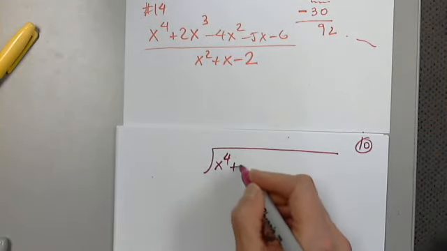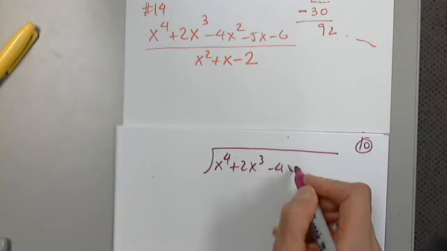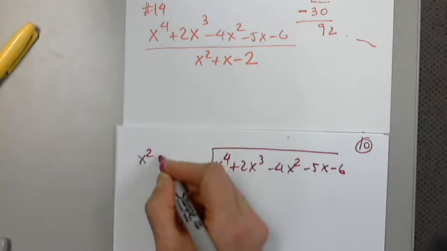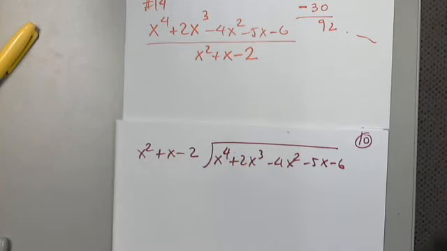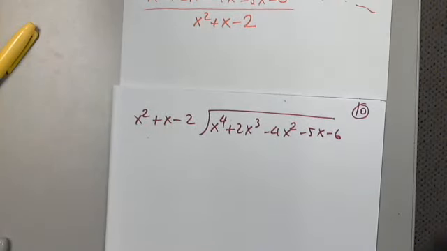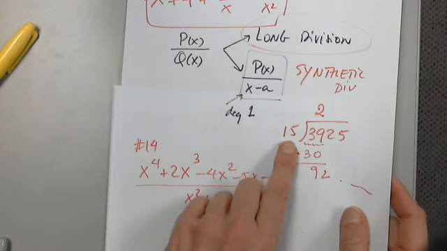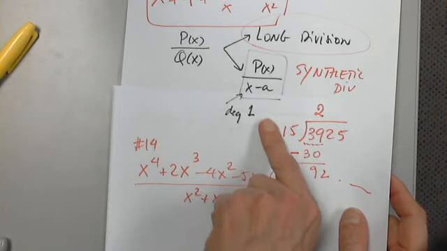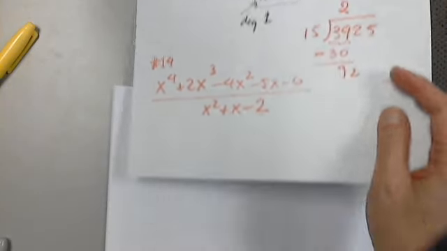Okay, so x to the 4th plus 2x cubed minus 4x squared minus 5x minus 6, and I'm dividing it by x squared plus x minus 2. Like before, I asked myself 15 goes into 39, and I put up here 2. I distributed and wrote the opposite.